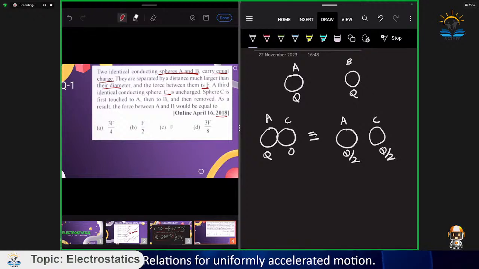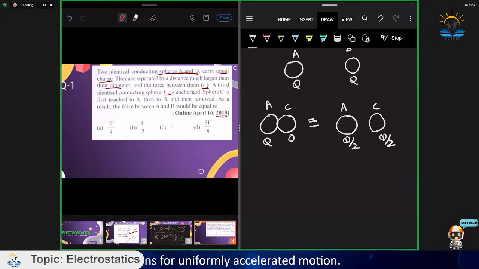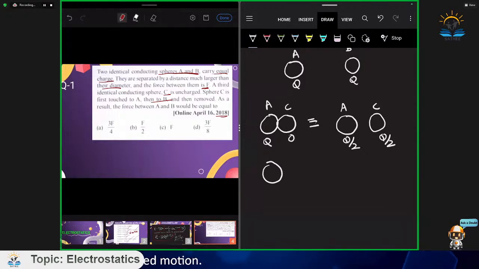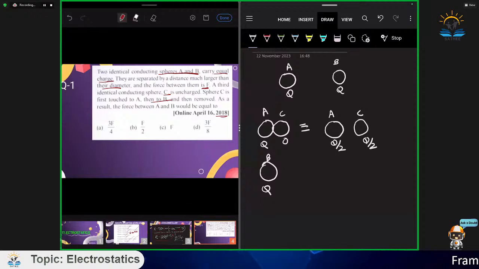Simple. Then C is touched to B. In the second condition, sphere B has charge Q, and it is now touched with sphere C having charge Q by 2.